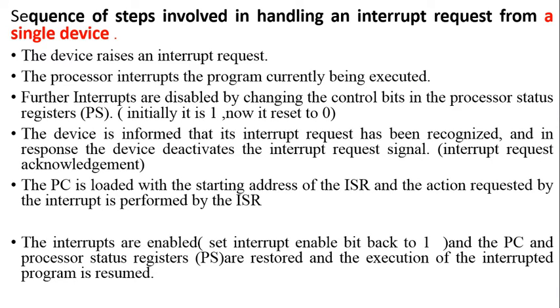Also, after setting the interrupt enable bit value as 1 and restoring the program counter value, the processor can resume the execution of the interrupted program from the stop location onwards.